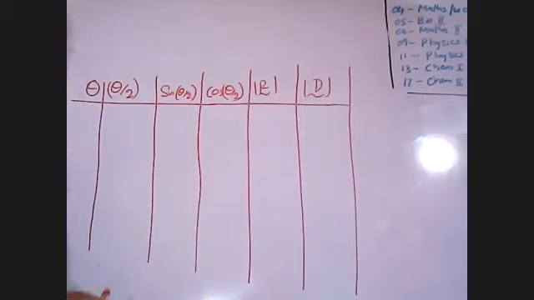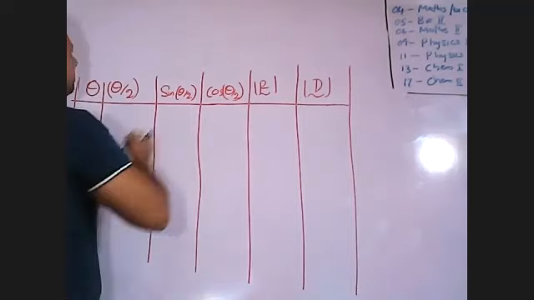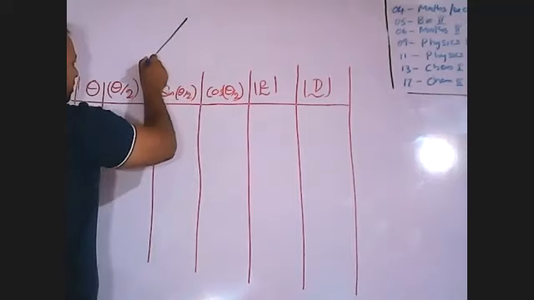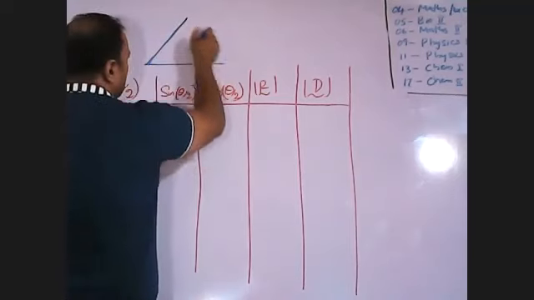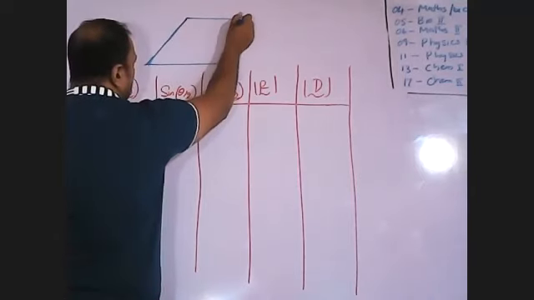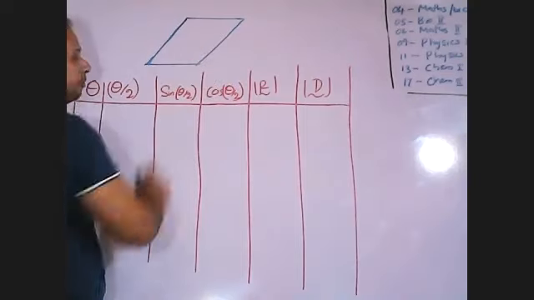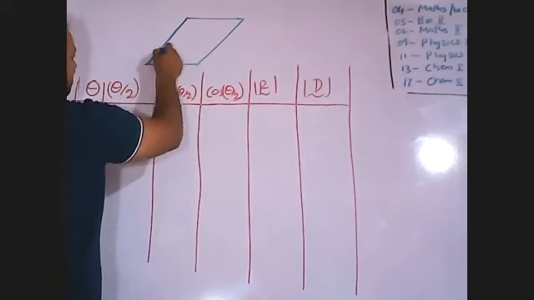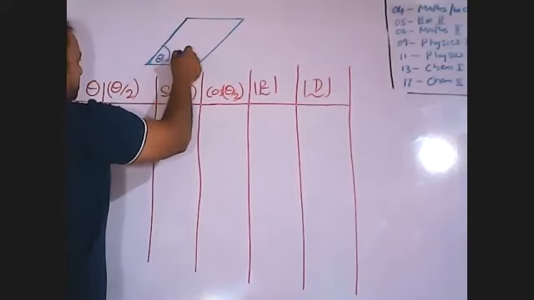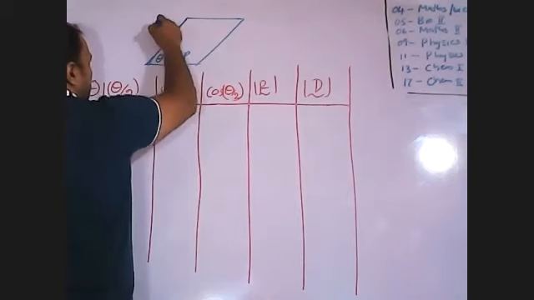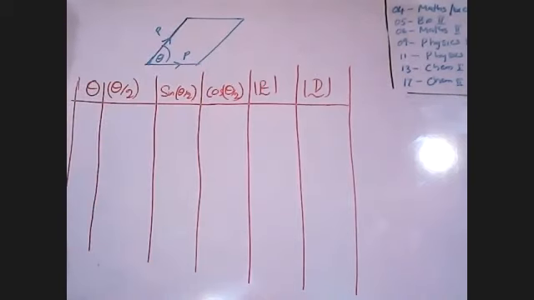Okay. Suppose we are given this kind of diagram. This is theta, this is P, and this is P. Two P's.